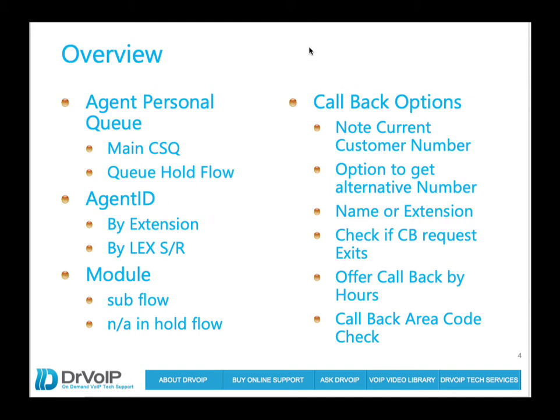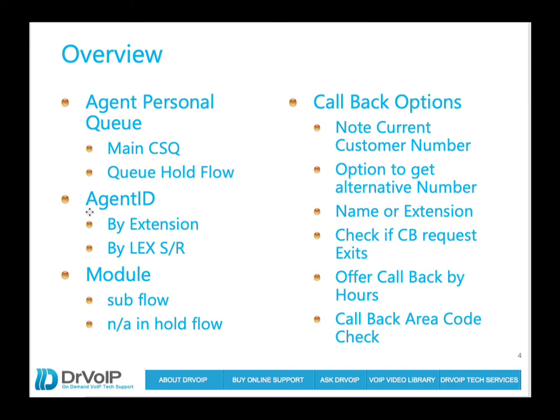So sometimes in the queue hold flow, I like to play ringback as the first audio tone rather than the usual care messages that someone might hear. But the takeaway is that every main CSQ attached to a phone typically has a queue hold flow that goes along with it. The customer's in this main flow, but the queue hold flow dictates the experience they're having while they're waiting for an agent.